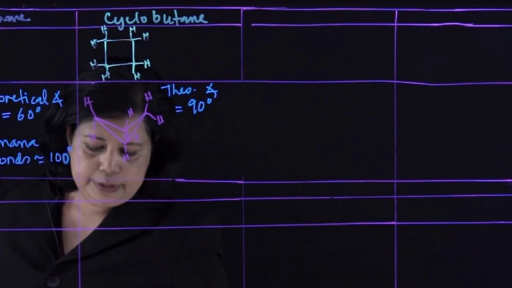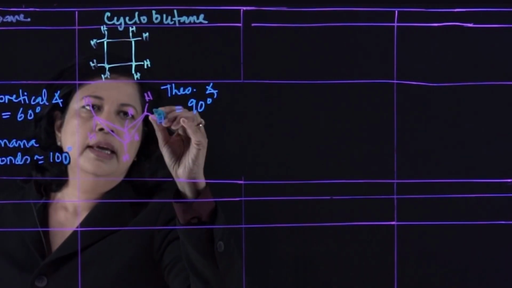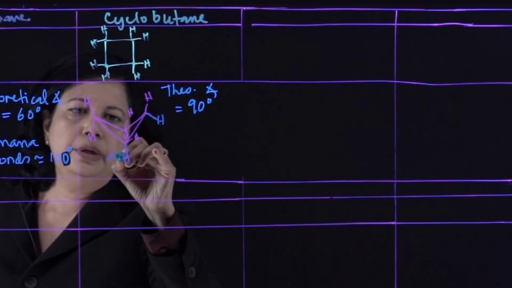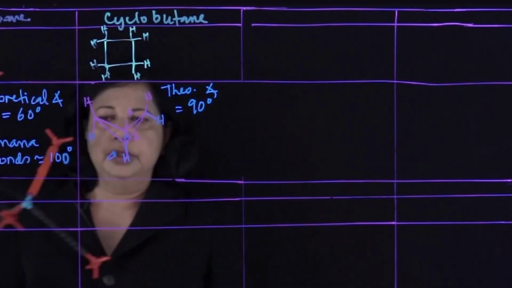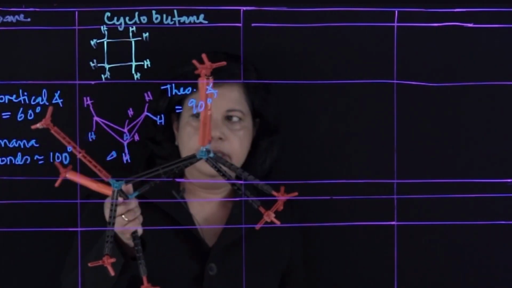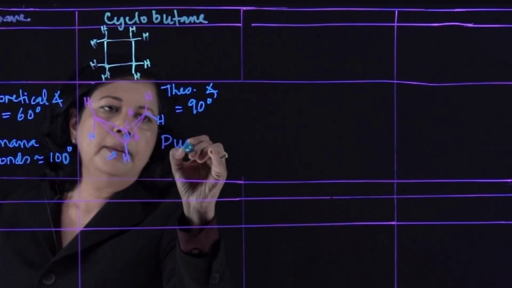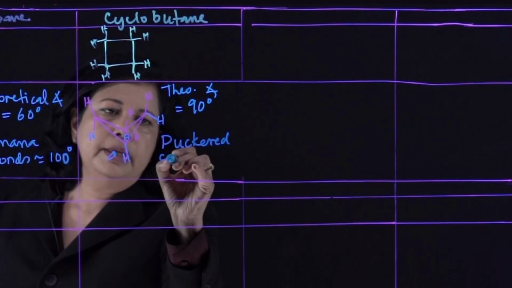Now, if I compare this hydrogen and this hydrogen here, and I look through here, what am I going to see? On the Newman, you're going to see a puckered arrangement. So this is what you call a puckered cyclobutane conformation.